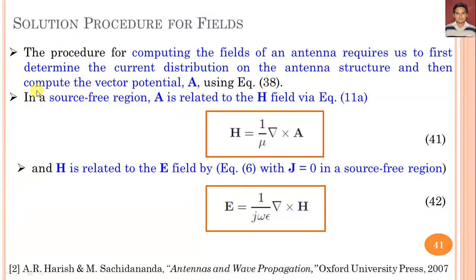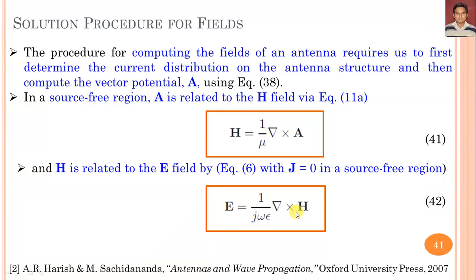One most important case is the source free region. In that case we can calculate the magnetic field by using equation 11a, and the electric field E by using the Maxwell equation with J equal to 0 in a source free region, E equal to 1 upon j omega epsilon del cross A.